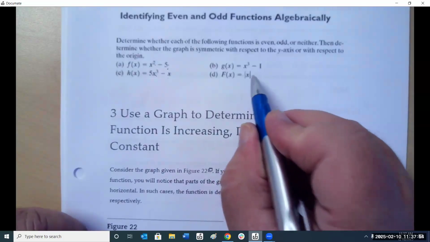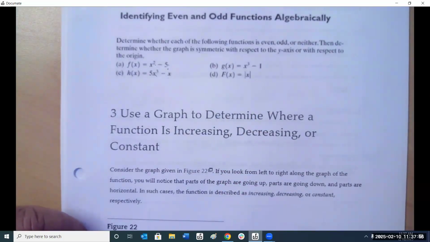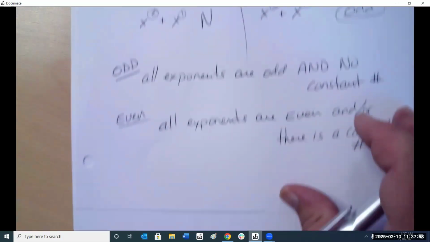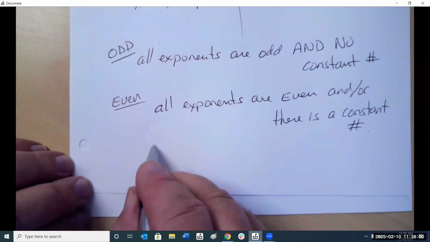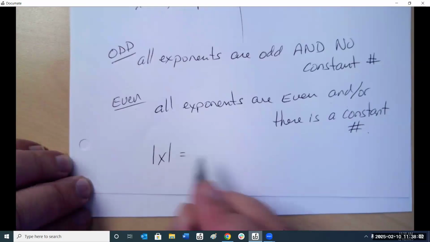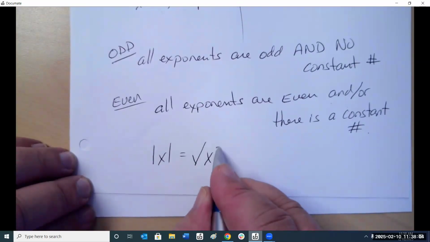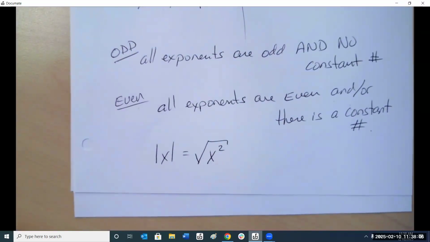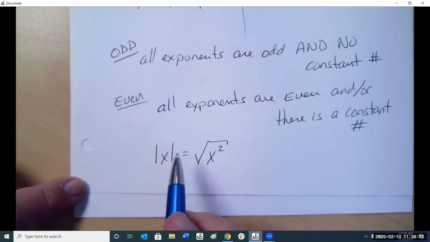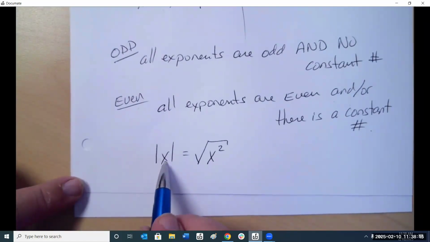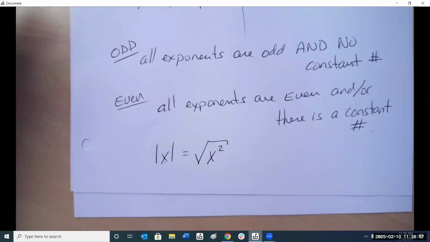Now, why is absolute value an even function? Absolute value is the same thing as that. Let's think about what happens in an absolute value. If you put a negative number in there, the negative is stripped out.